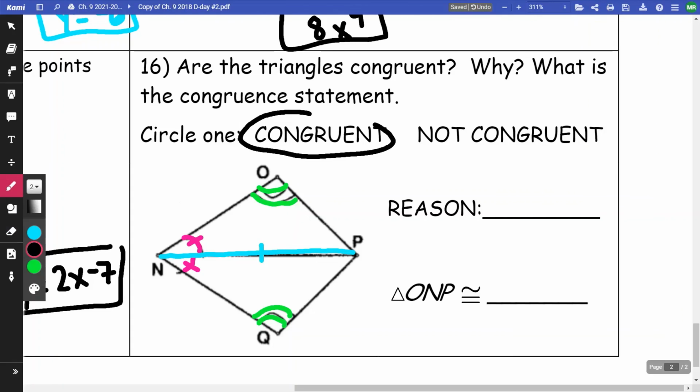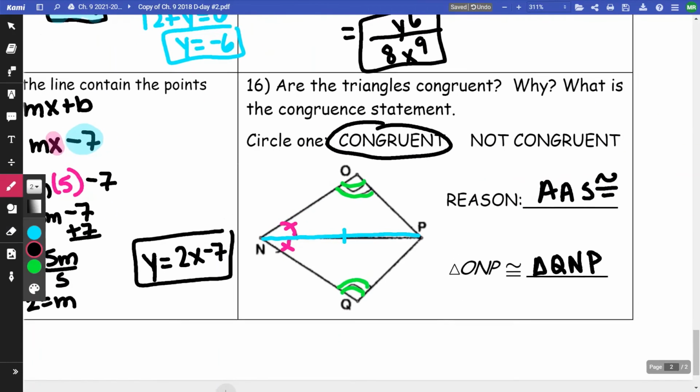Yes, they're congruent. Reason: angle, angle, side congruency. And then if we have triangle O, N, P, we have to look and see what goes with O, and that is Q. What goes with N happens to be N, but it's not always the same letter, and then P. And that's the end of this video.